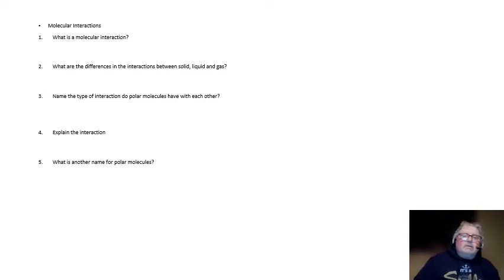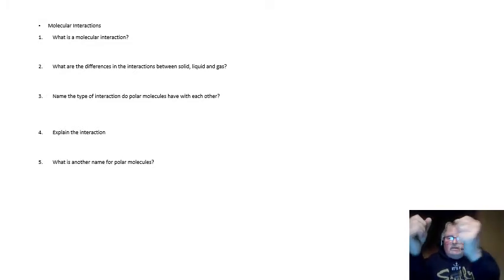Okay, so let's talk about why we need to know about polar and nonpolar molecules. What are molecular interactions? Those are the interactions between molecules. Remember, a molecule is 2 or more atoms connected by bonds.